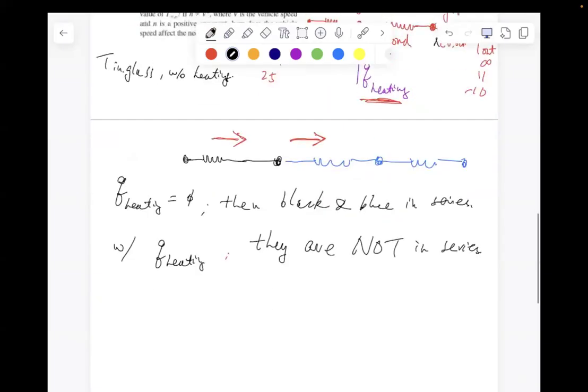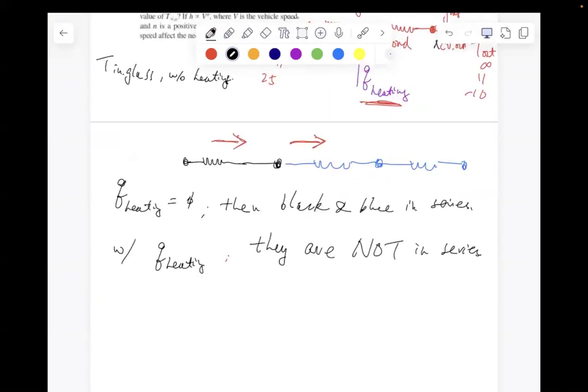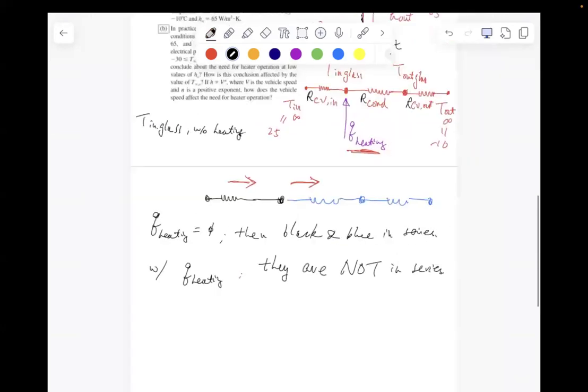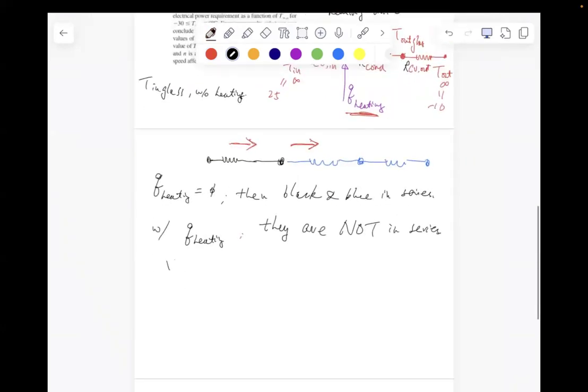So you cannot treat the black circuit and the blue circuit as a series circuit, and there's no R total for them anymore. Instead, you cannot say R total equals R black plus R blue.